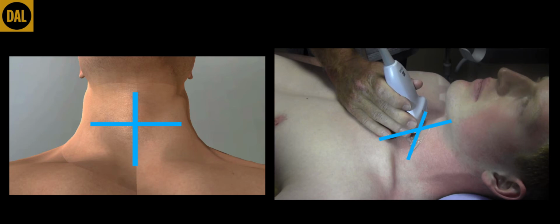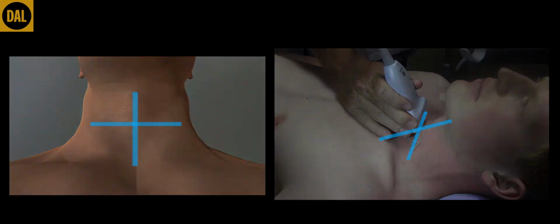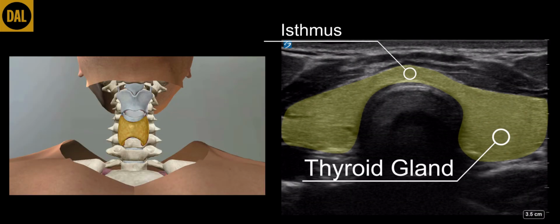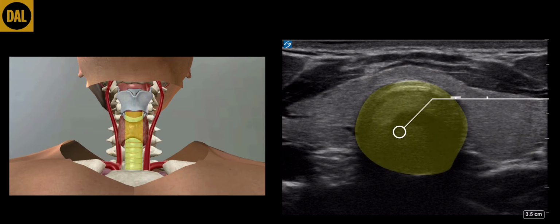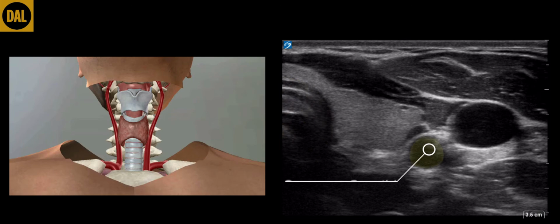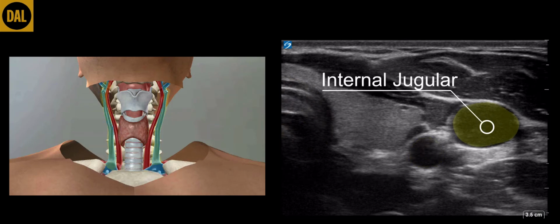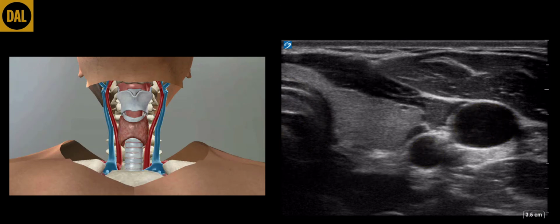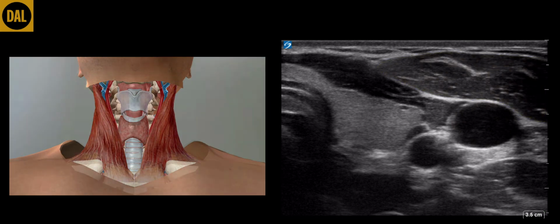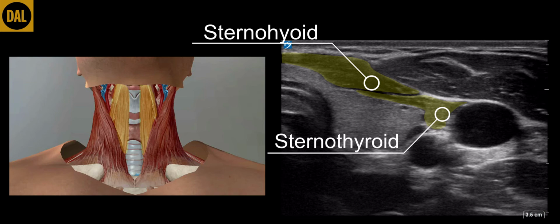During this scan, we expect to see the following structures: the thyroid gland, including its isthmus, the trachea, the common carotid artery, the internal jugular vein, the sternocleidomastoid muscle, and other strap muscles of the neck.